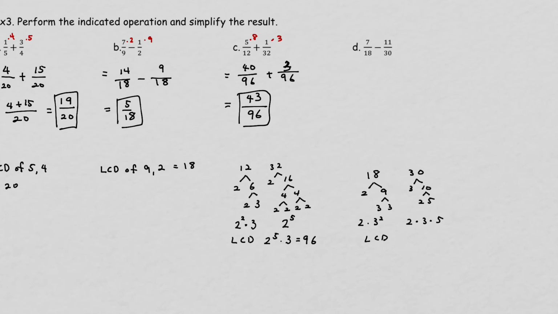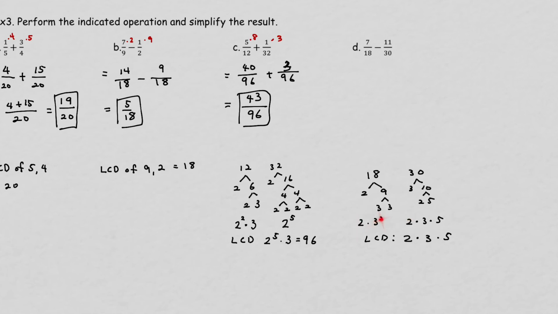Least common denominator of these two numbers, use all the factors. So I'm going to use 2, 3, 5. But if you have the same number, then you want to use the one with the higher exponent. I have 2 and 2. Because it's the same exponent, which is 1, I will use just any of those two. Right? I can use this one or that one because it's the same.